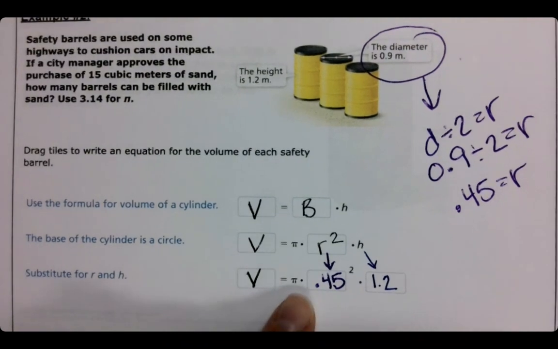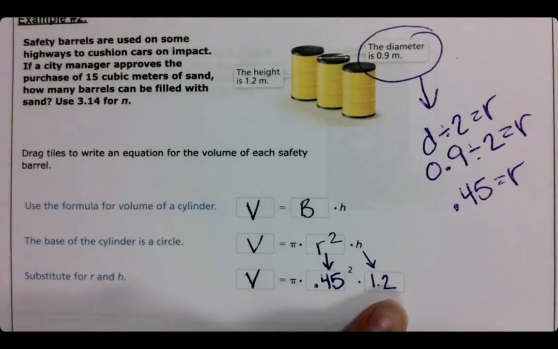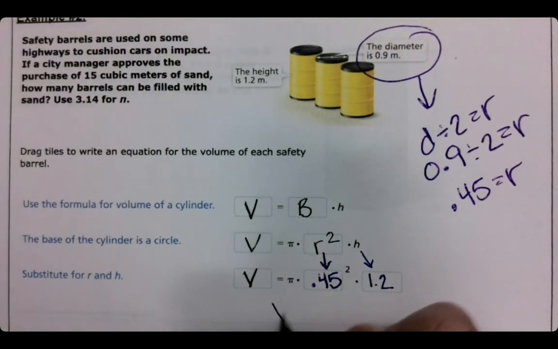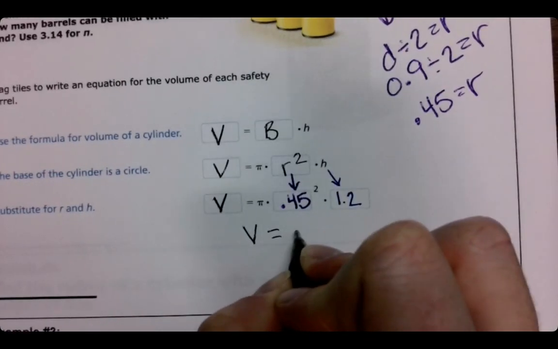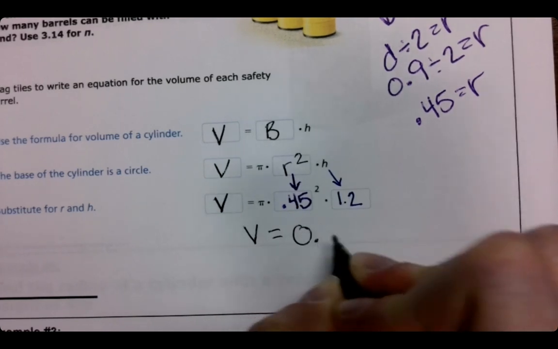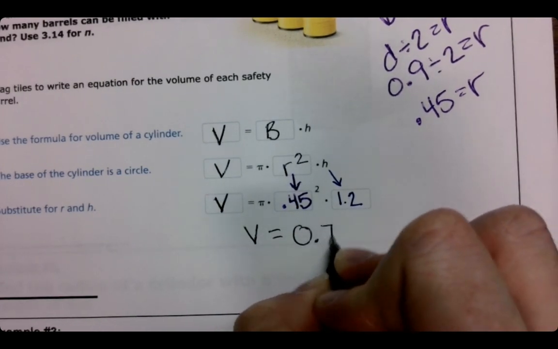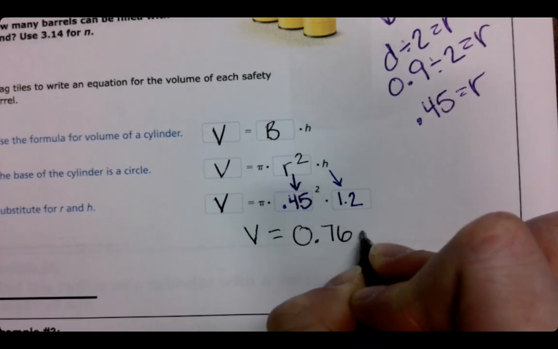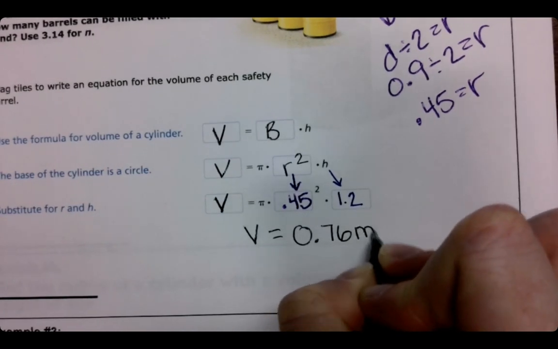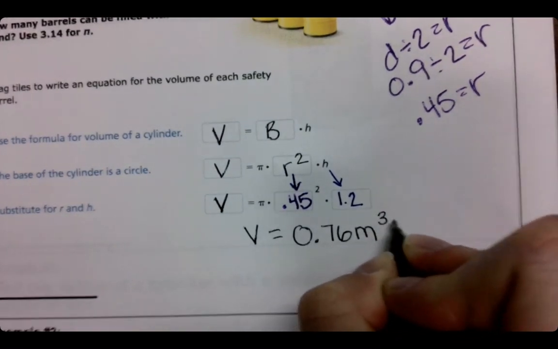Put all of that in your calculator, and what do you get? I got 0.76, and then this would be meters cubed.